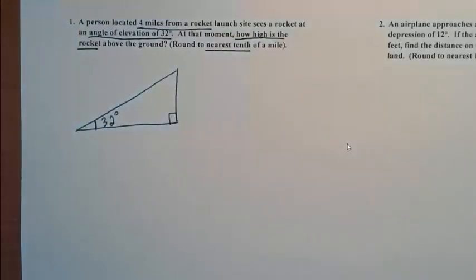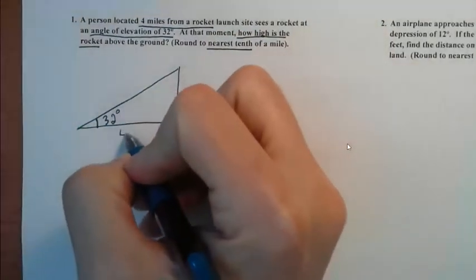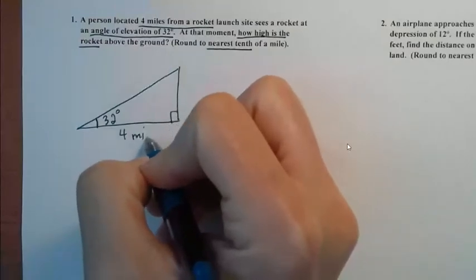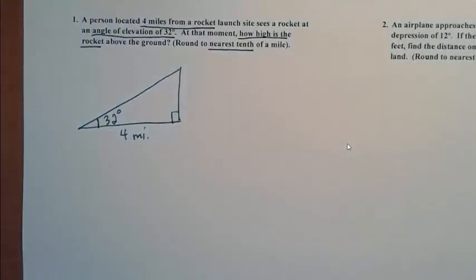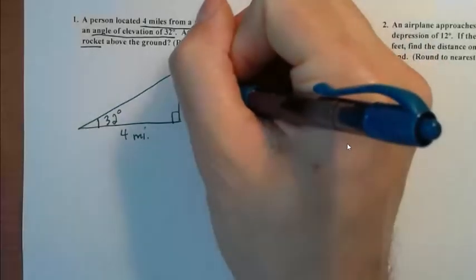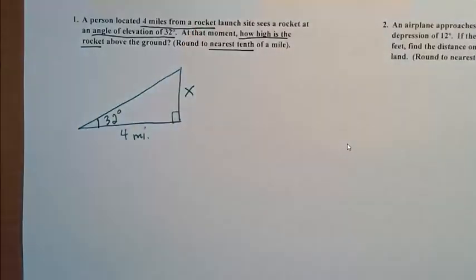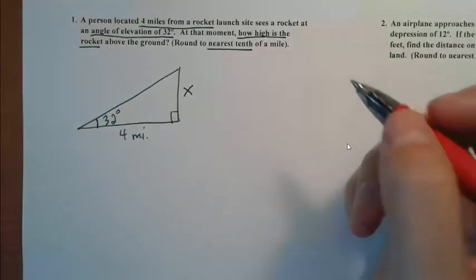And if the person is located 4 miles away, that means that the bottom side of our triangle is going to be 4 miles right there. And lastly, our question is asking how high is the rocket above the ground, meaning that our side over here is going to be x. So the first thing we need to do is figure out what trig function we're going to use to solve this now that we have a picture of what is going on.